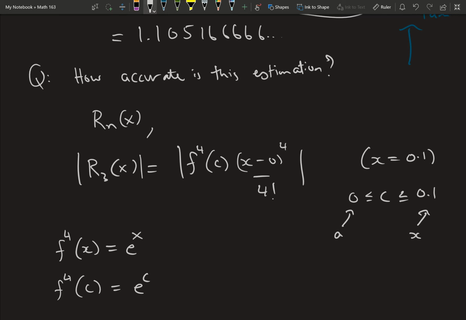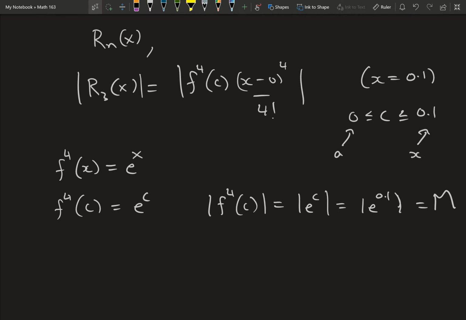So the maximum value of this term would occur exactly at the maximum potential value of c, which is 0.1. This is e to the 0.1 times, this is what we used earlier as our M value.